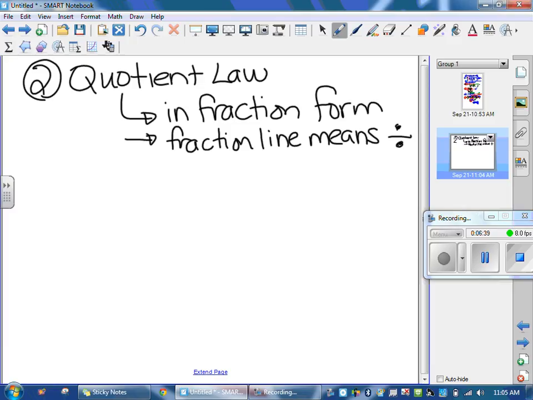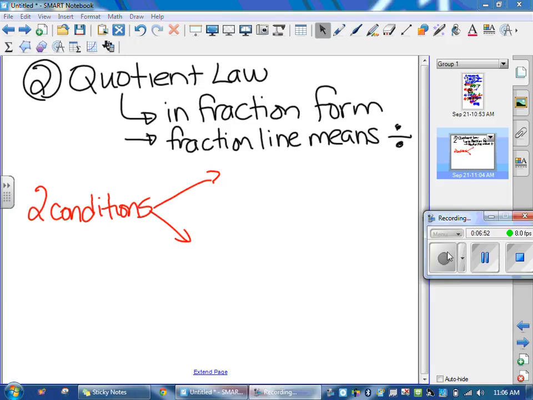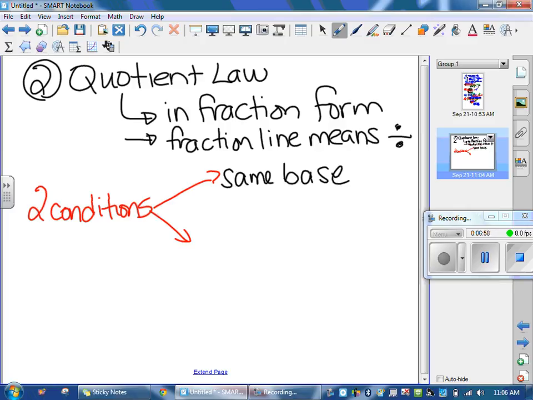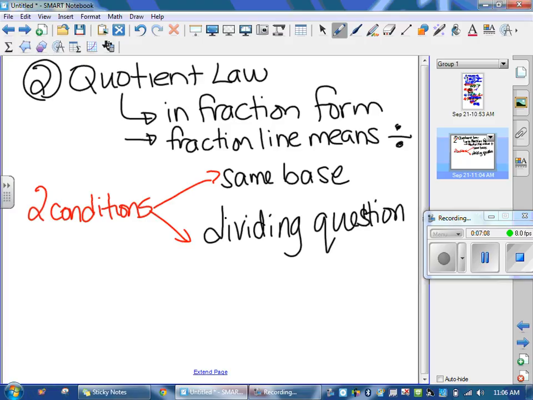So quotient law, two conditions. I'll let you get caught up on those. The conditions are we need to have the same base, and we need to be dividing. It's got to be a dividing question.